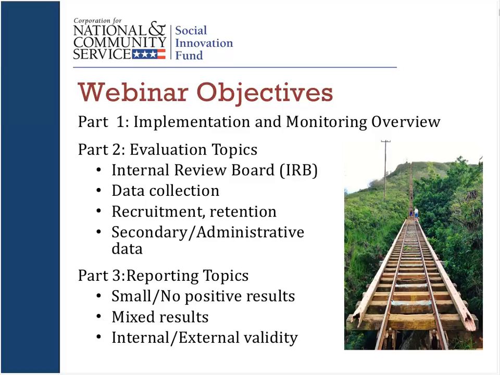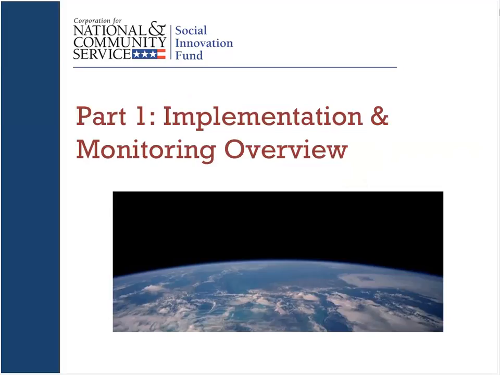But there have been questions about how reports should be approached and structured when there are specific issues like having no significant or positive results, having mixed results, and when there are circumstances that mean that the internal and external validity of the study is lower than planned. So how should those reports be structured and approached under those circumstances? With that overview, I'd like to briefly describe the different aspects of a project that may need to be monitored.